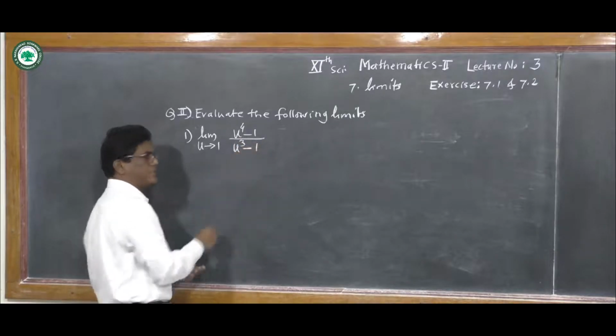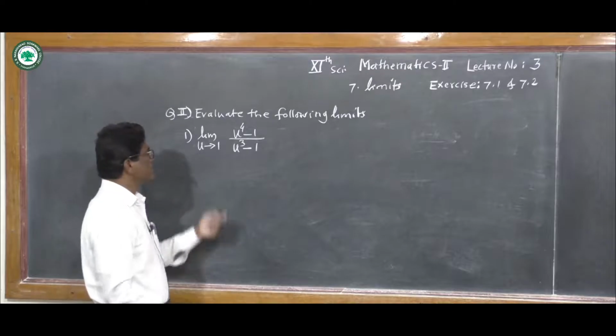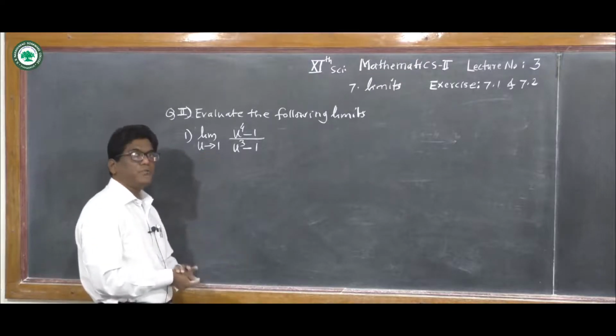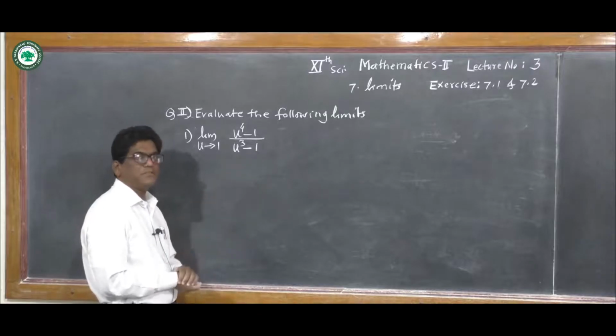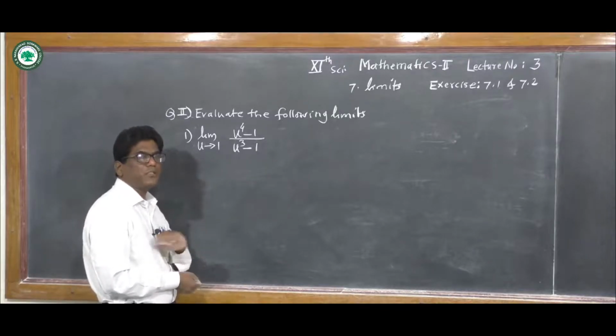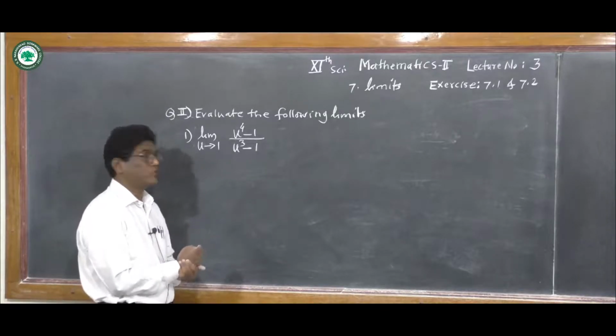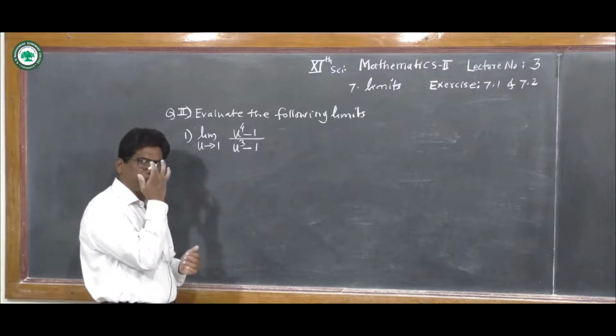Now always check whether the denominator is 0 after putting u as 1. So 1 cube is 1, 1 minus 1 is 0. So we have to solve this. We cannot put u as 1 directly. We have to remove this difficulty.